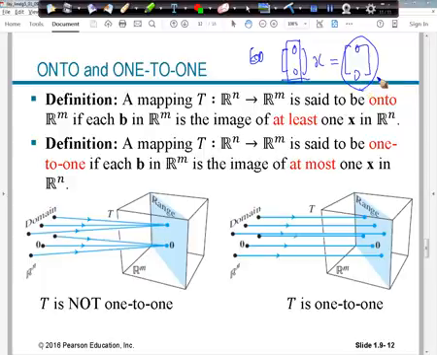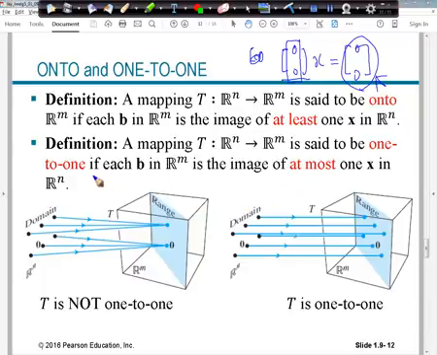It only contains this one, 0, 0. So in this case, our range is really small. It contains only one point. But we still have a hope that this function can be one-to-one, because we only care about the elements in the range, regardless of how small it is.